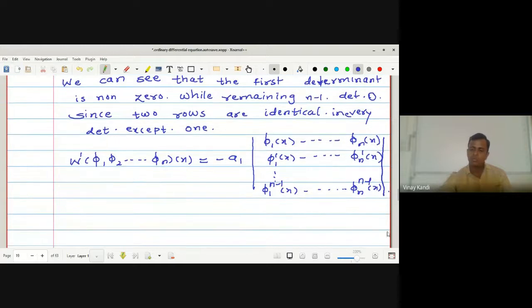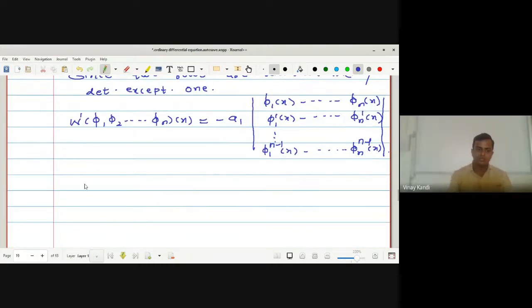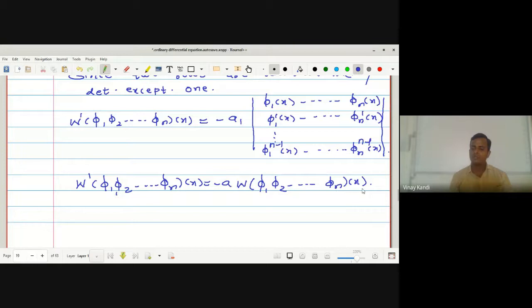Okay, any doubt up to here? No, sir. Which is equal to W dash of phi 1, phi 2, up to phi n of x, which is equal to minus a1. But this is the value of what? Wronskian of phi 1, phi 2, up to phi n of x.